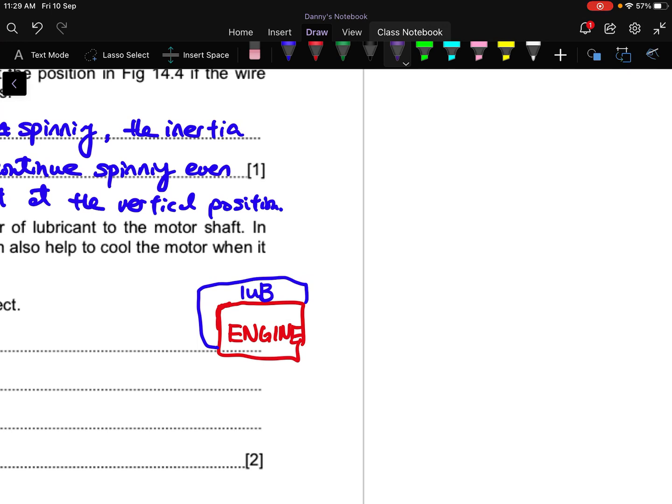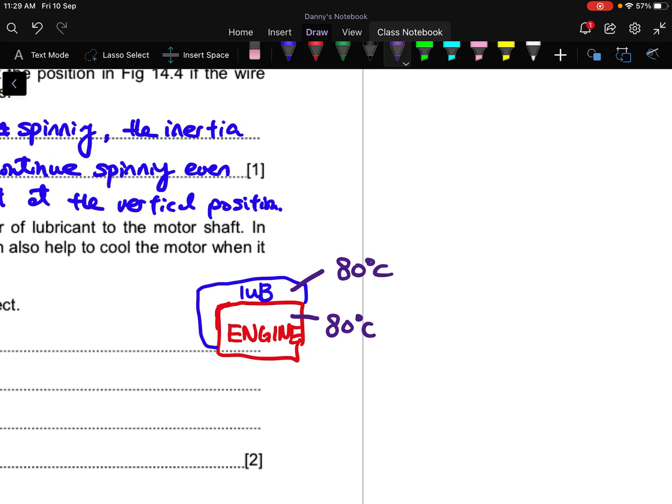Well, in order for the lubricant to gain heat from the engine, they must be of different temperature, right? There can only be heat transfer when there's a difference in temperature. But in this case, if the engine is, let's say, 80 degrees C, the fact that the lubricant is on it will tell you that the lubricant is also at 80 degrees C. So the lubricant will not have a net heat gain from the engine.